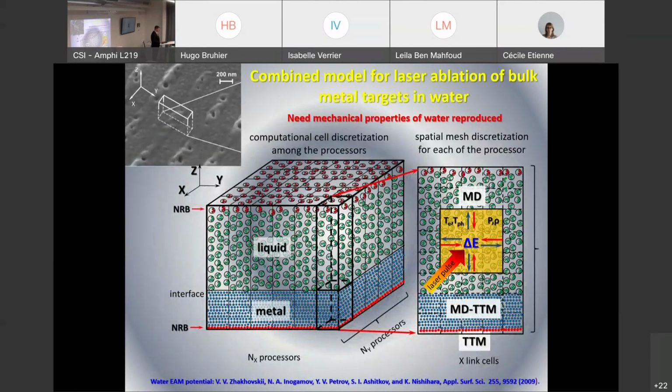For that purpose, we apply pretty much the same model for a metal-water system. So we place a water layer atop of the material, atop of metal. So water here, although having 3 particles, is represented by a single particle.